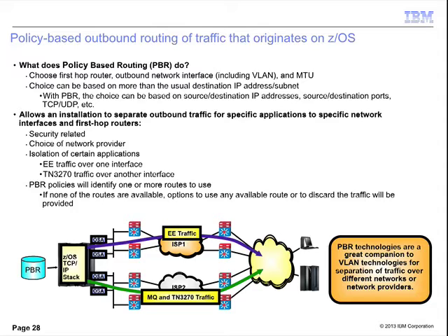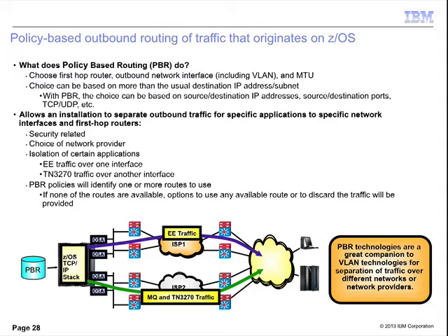And sort of the classic example that we've always used of PBR is this picture that you see at the bottom of this chart. So here's a picture where we say we could set up a policy-based routing rule that says I would like my Enterprise Extender traffic to all go over this interface and everything else to go over this other interface.